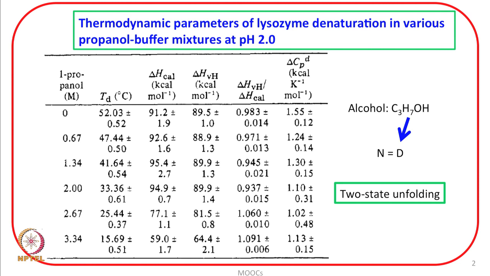The data here does present some sort of complexity in this case, because the calorimetric enthalpy is slightly increasing with increase in concentration. And this aspect I will discuss a bit later. There are several alcohols which are known to disrupt the tertiary structure of the protein, but strengthen the secondary structure of the protein.